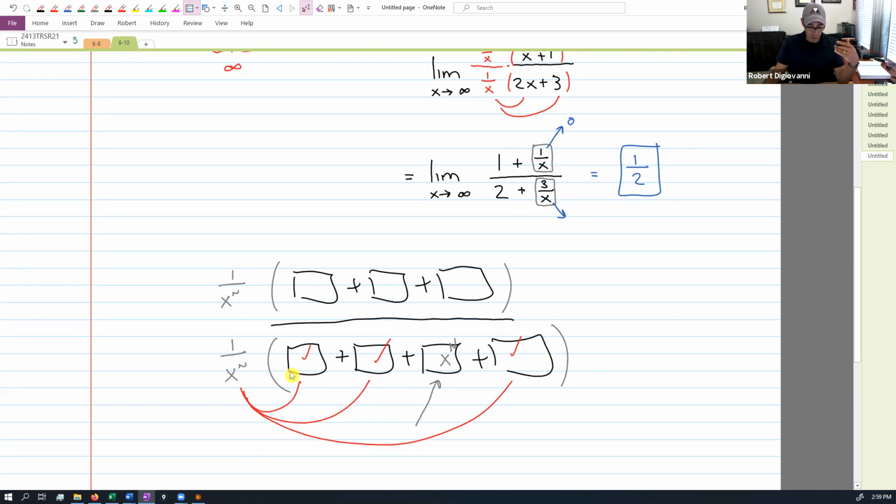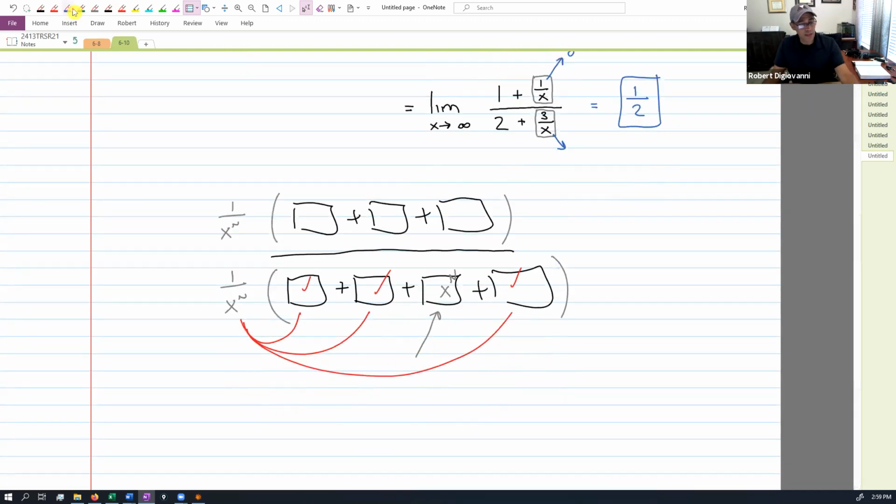So when I divide through by it, I should have x's left in the bottom, which means all of those, after I take the limit, will go to 0, 0, 0. All of them should, except this one in yellow. The only thing that will be left will be what?